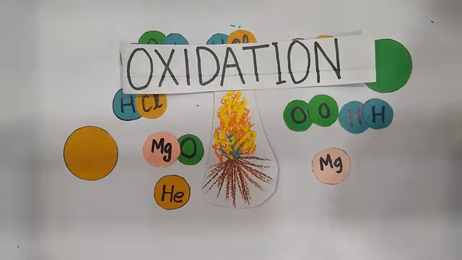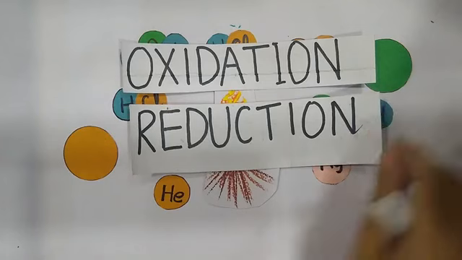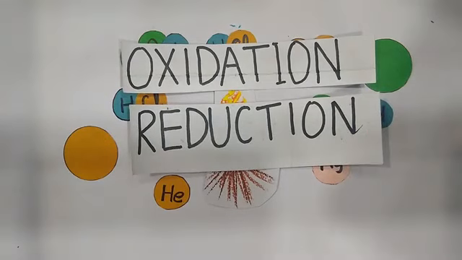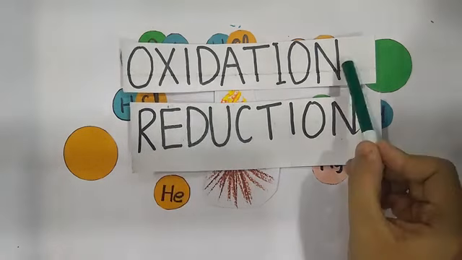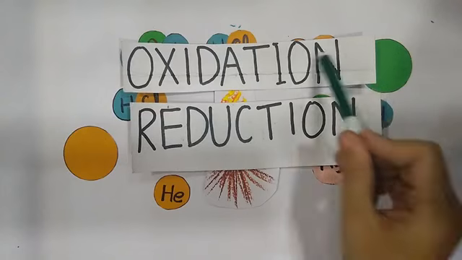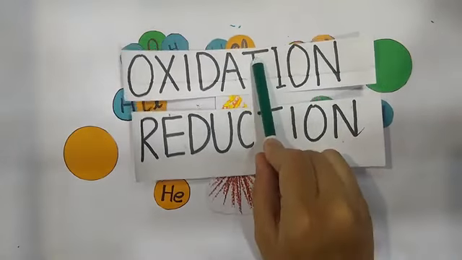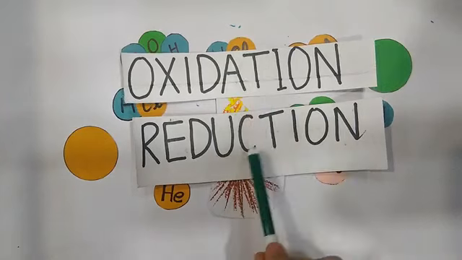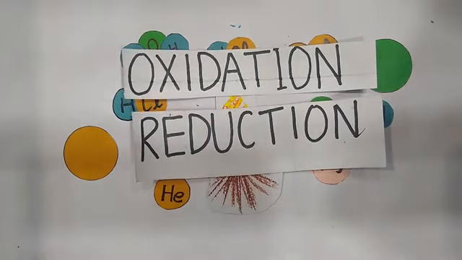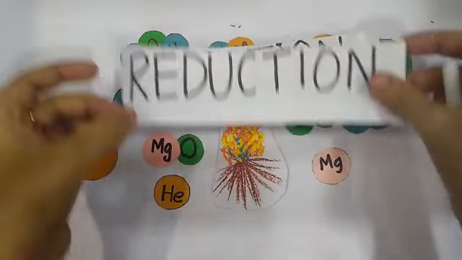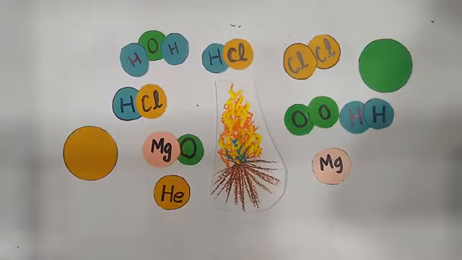And when talking about oxygen, when there is a removal of oxygen, it is called a reduction reaction. But when there is an addition of hydrogen, then also it is called a reduction. So oxidation is addition of oxygen and removal of hydrogen. The same way reduction is removal of oxygen and addition of hydrogen. Just remember that. And yeah, that is the summary of your whole chapter.